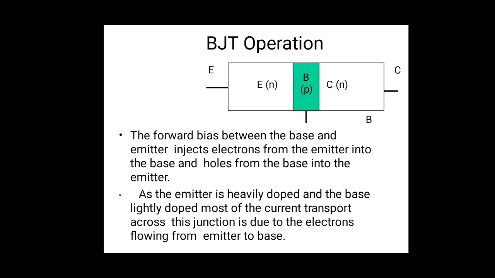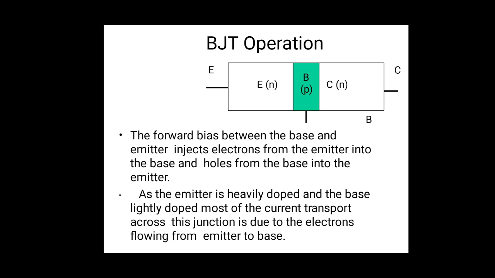So this is the operation of the BJT. Let us see. There are three terminals: this is the emitter, this is the base and this is the collector. The forward bias between the base and emitter injects electrons from the emitter into the base, and holes from the base into the emitter.